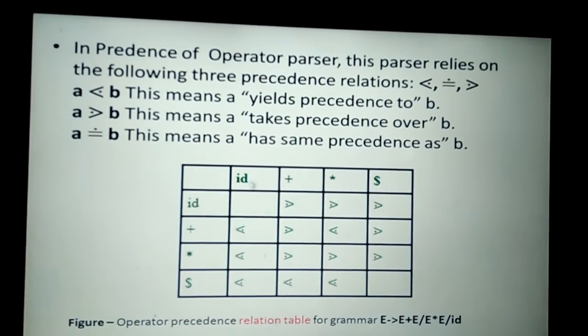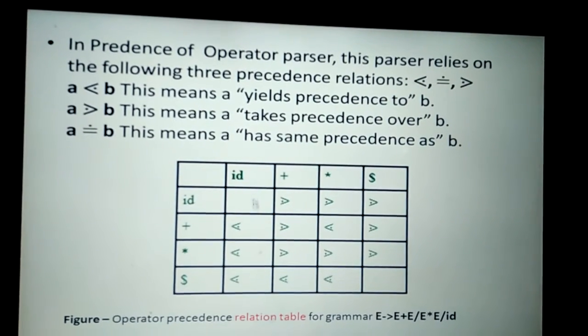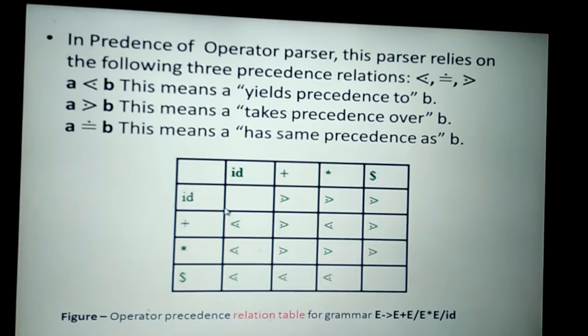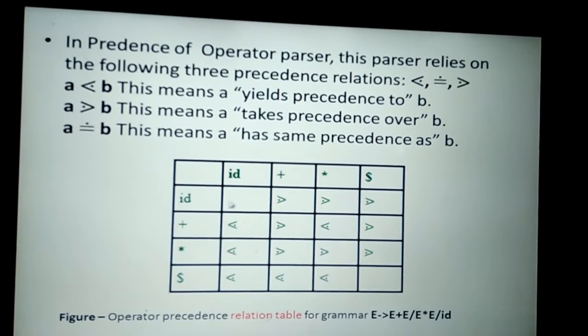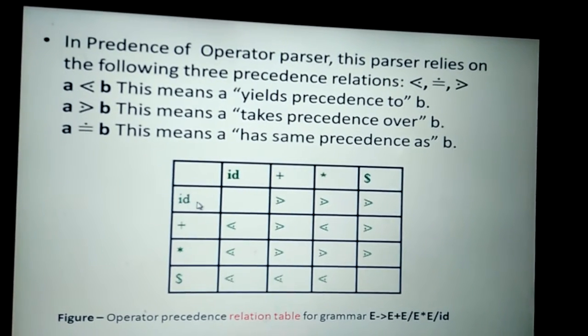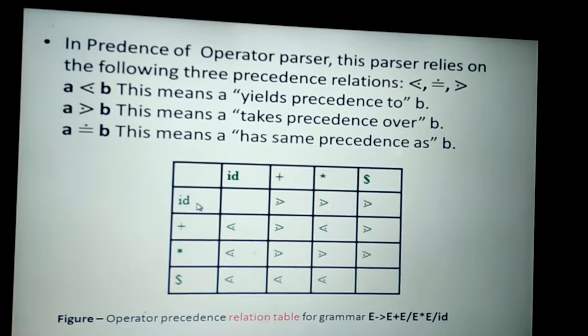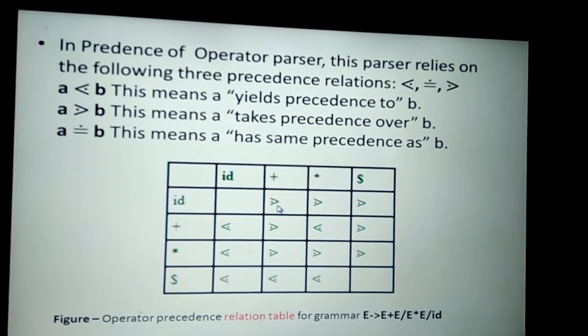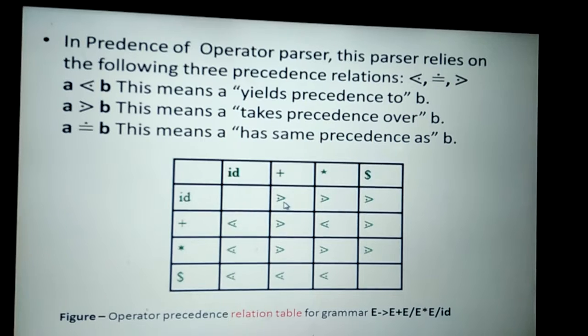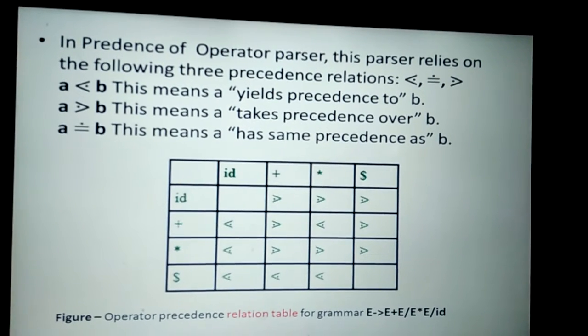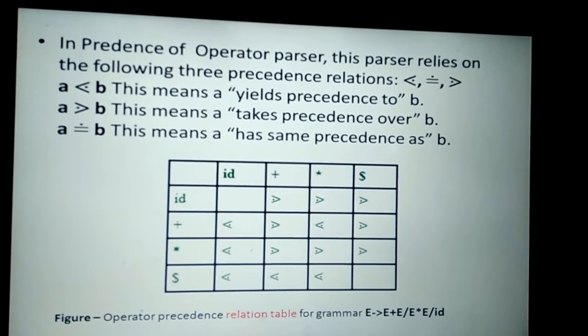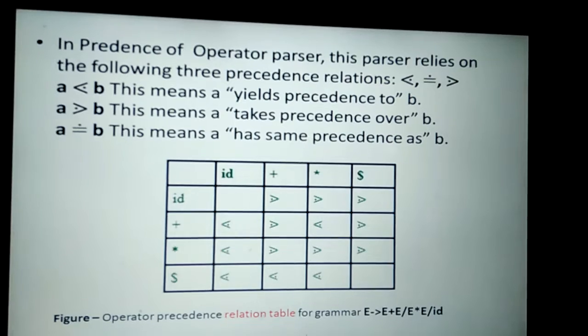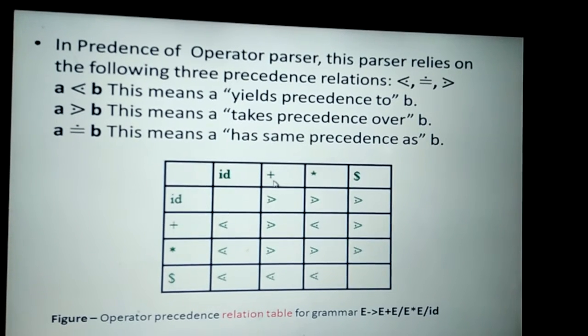So the identifier, which is a blank first cell, means that already it is a successful parse. Here the identifier has the highest precedence compared to the plus, so it is a greater relation. If there is a comparison between the identifier and the operator, what is that operator?